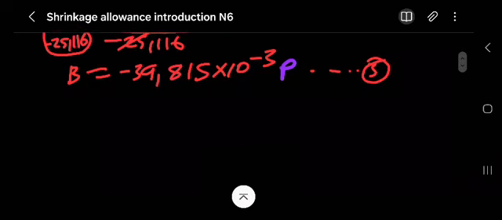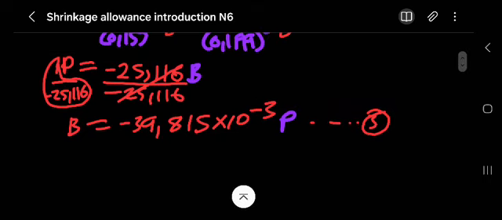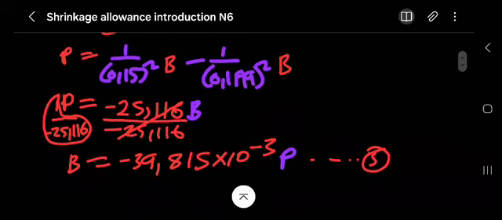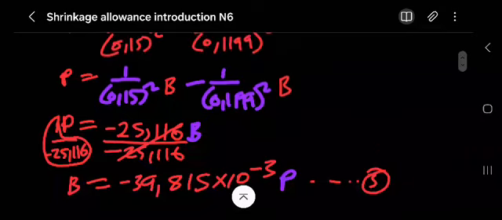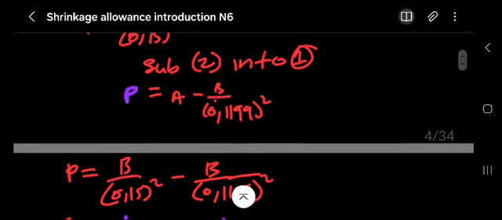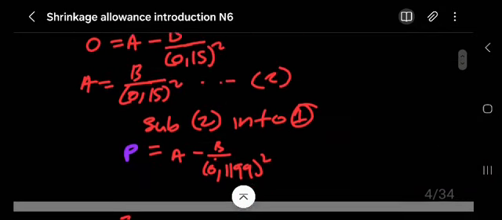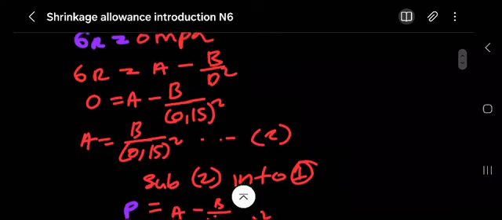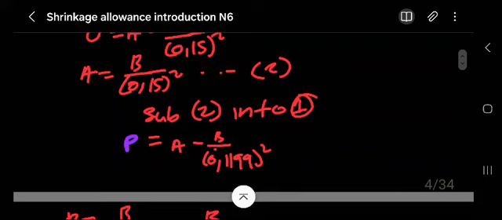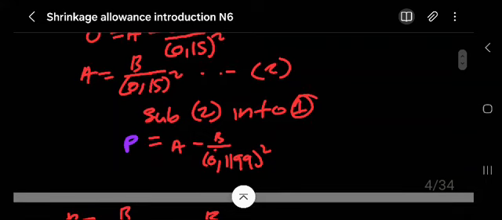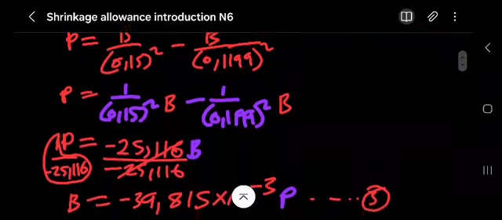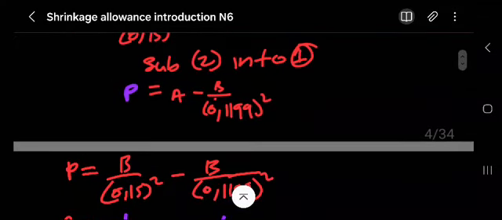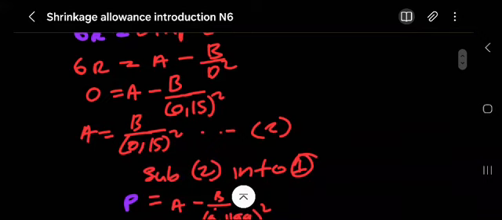Okay, that is b. Then obviously, if we have b, we now have to find the value of a. As always, we do what we know. Remember, we have to find a again, isn't it? Hopefully we did make a the subject here.